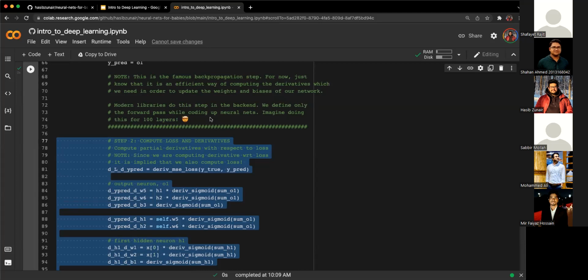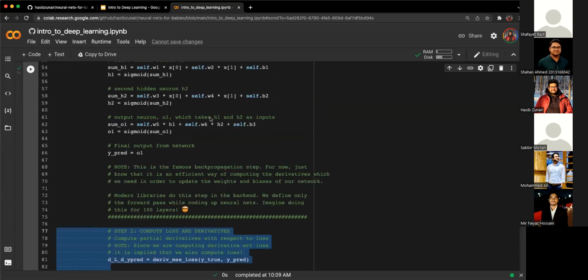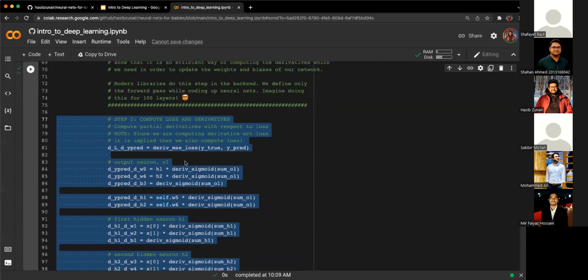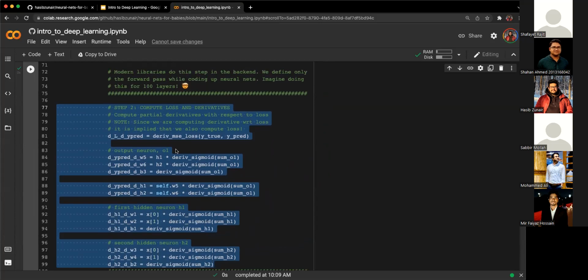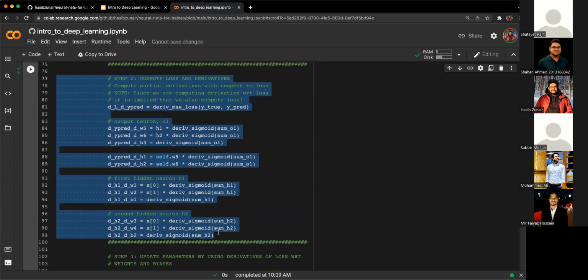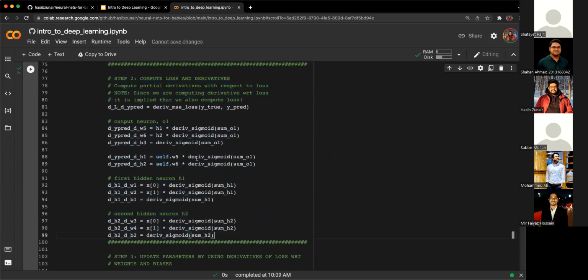Since we're doing a NumPy version, we have to do this one by hand. And it's good if you want to understand backpropagation in the future, you could play around with this code. This is just for 3 neurons. You can imagine if you have hundreds of neurons, what it would look like in that case. It would be a mess. You would have to do a lot of stuff if you wanted to do backprop by hand.